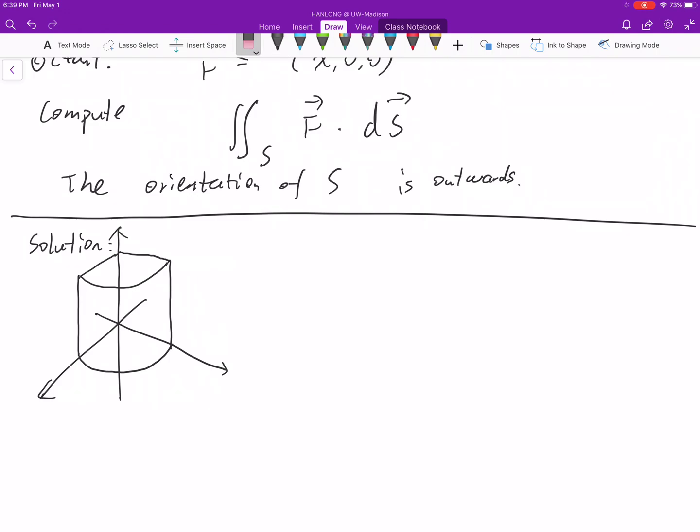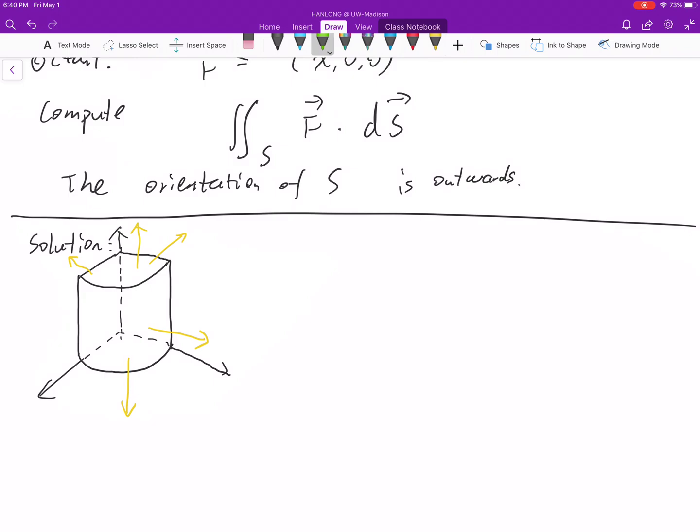So if you don't buy it, let's make the picture a little bit better. Okay, now before we do calculation, let's draw the normal direction.